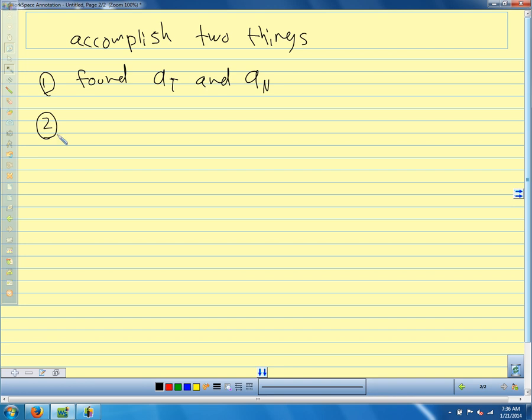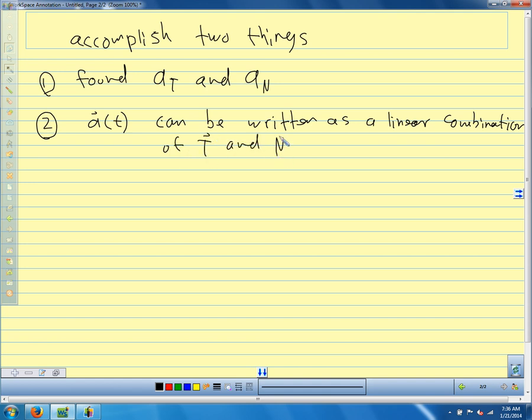Two, the second thing we've accomplished here is, since our acceleration can be written as a linear combination of our unit tangent and our unit normal vector, our acceleration is always in the plane defined by those two vectors.